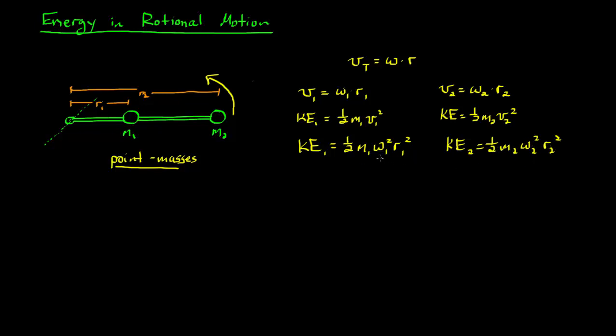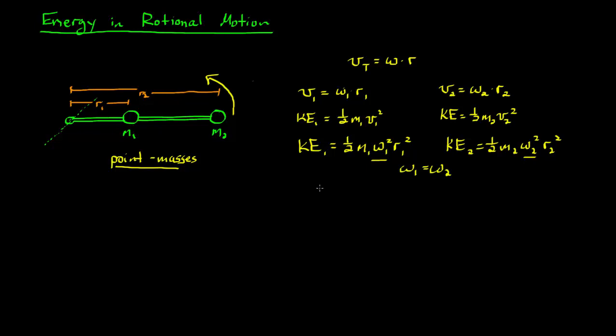Okay, but the thing that we have to keep in mind is that these two quantities are the same. So omega 1 equals omega 2. These things are going to move with the same angular velocity. They have different tangential velocities, but the same angular velocity. And what we want to know is the total kinetic energy of the entire thing.